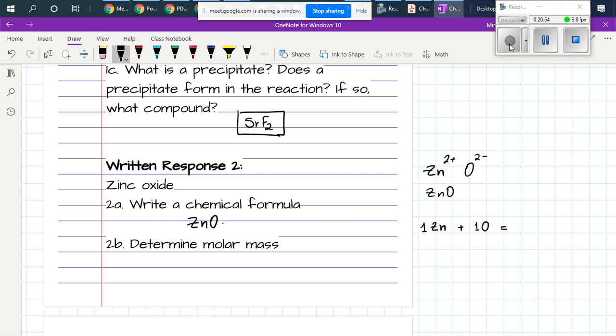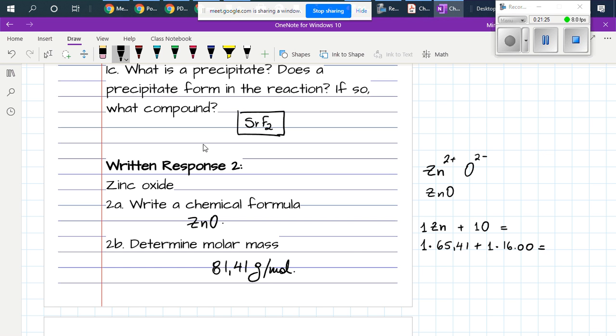Using the periodic table, we go 1 times 65.41 plus 1 times 16, and using the calculator, we find that the molar mass of zinc oxide is 81.41 grams per mole. Don't forget the units, guys, because as we have said, the units have a meaning.